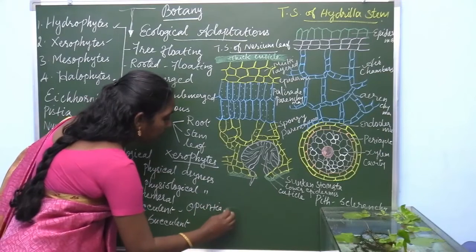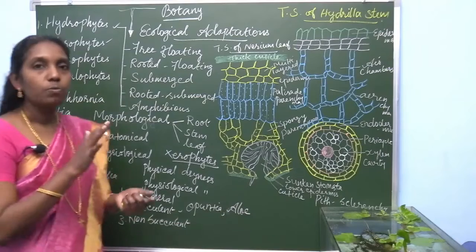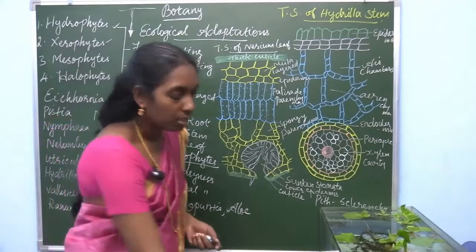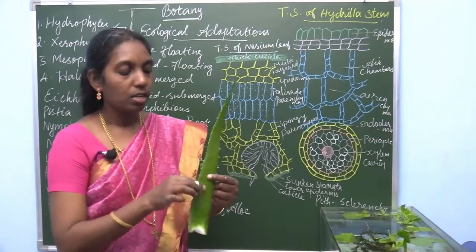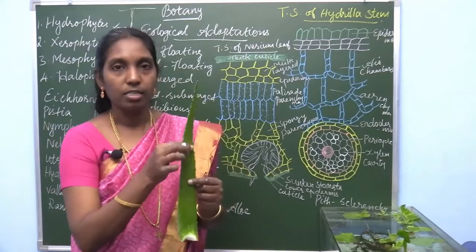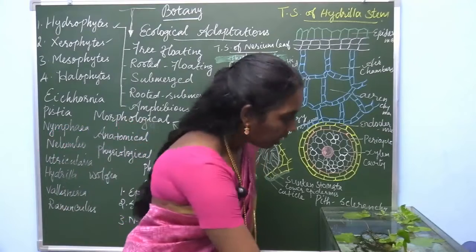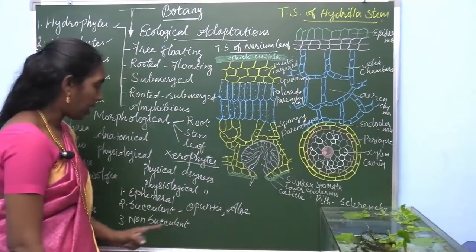These plants store water in their parts. This is the example aloe, a succulent xerophyte; in its leaf part it stores water. That is succulent xerophyte, opuntia as well as aloe.